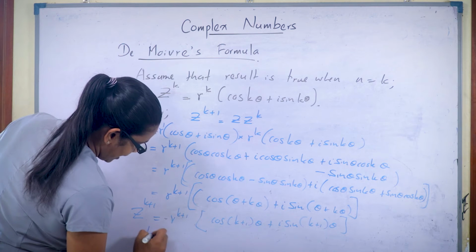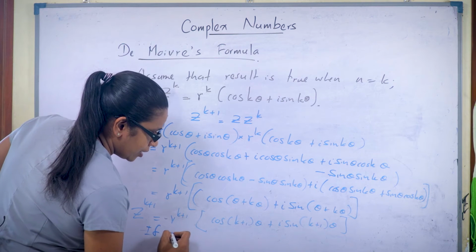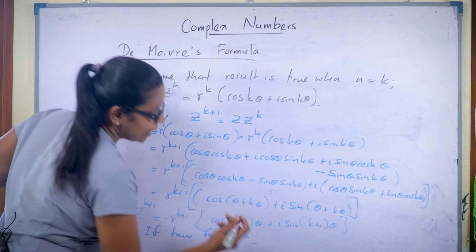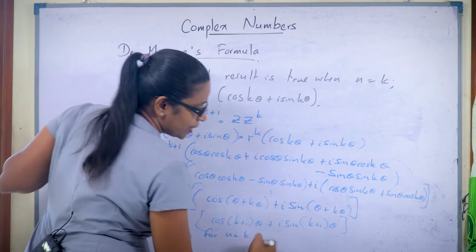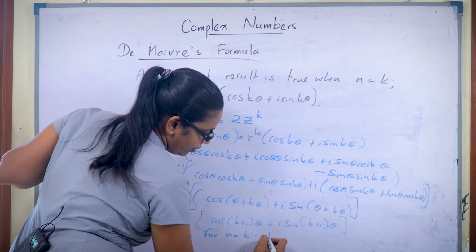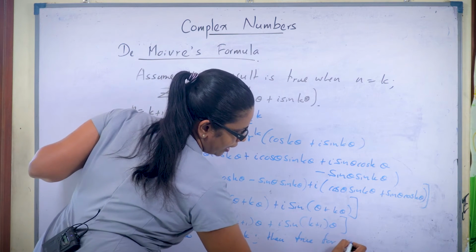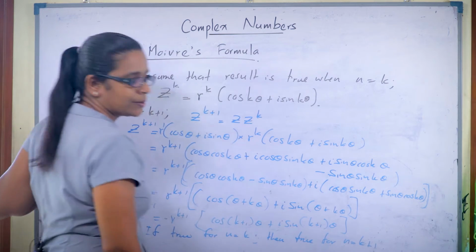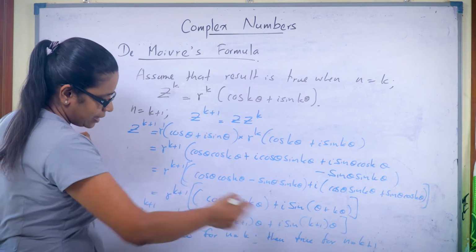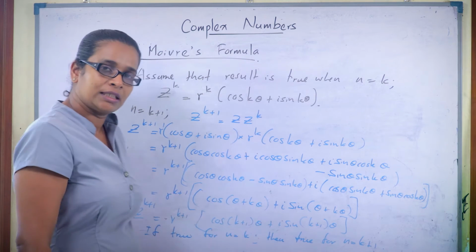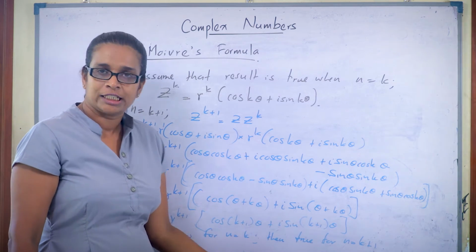So I can write: if true for n equals k, if the assumption is true, then the result is true for n equals k plus 1. So you can write at the end, using mathematical induction, the result is true for positive integers.